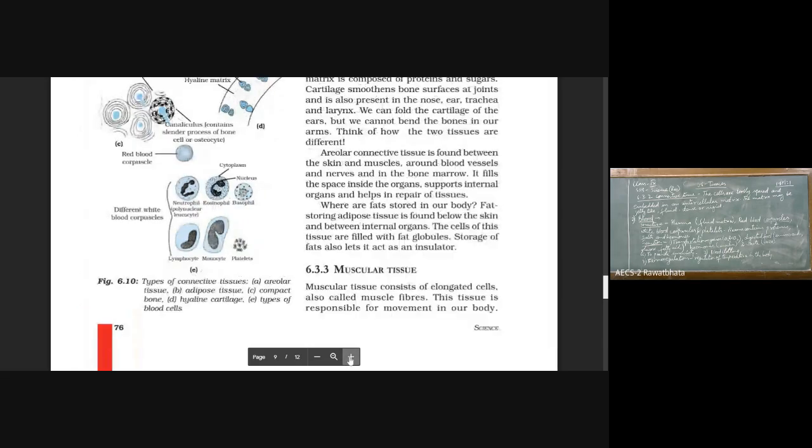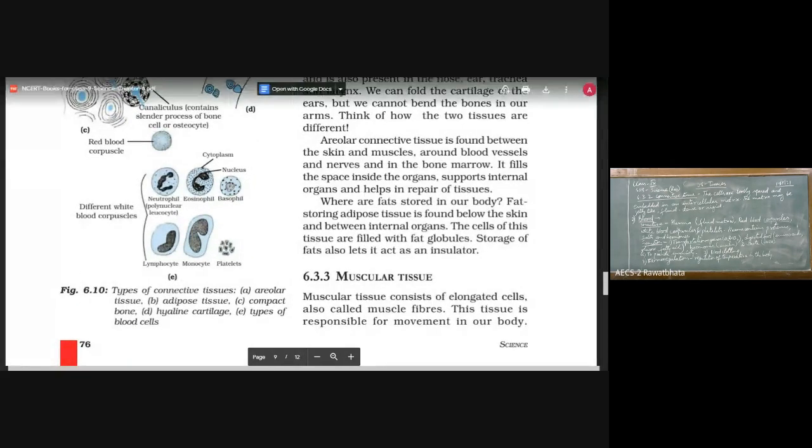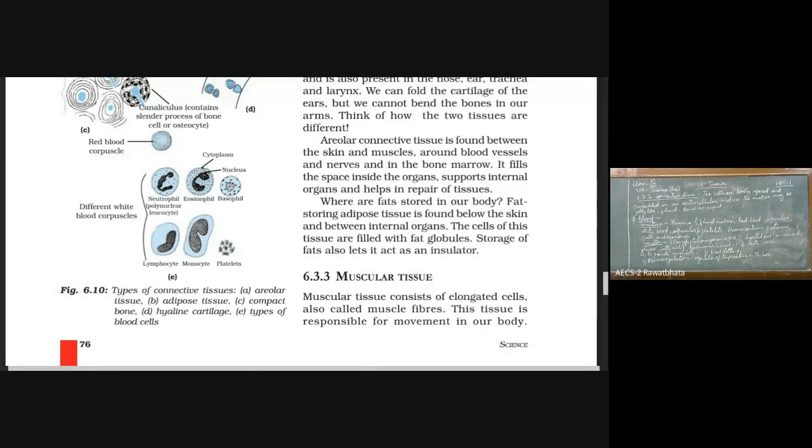Here we have different types of cells they have given. Red blood corpuscle. Definitely we know about RBC that they are the smallest cells in the human body. And then we have white blood cells of different types. This has been divided on the basis of the stain they are taking.